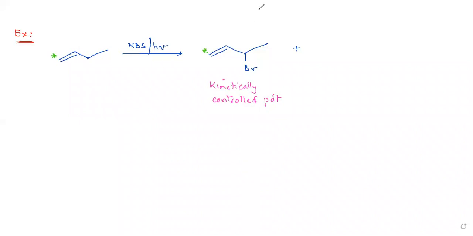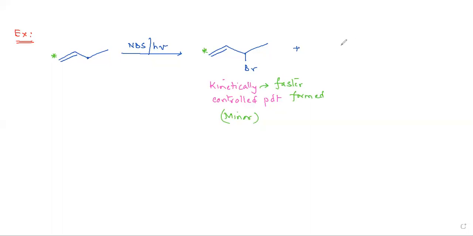In fact, we call this kinetically controlled because it is faster formed. Okay. And remember, this is minor. It's of course less stable also.